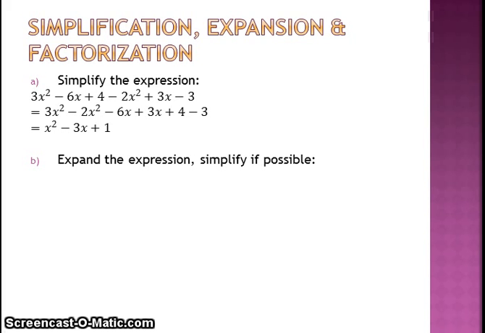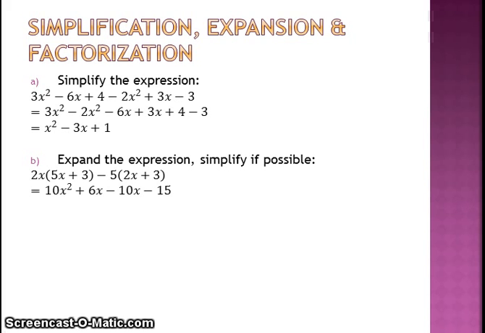You may also be required to expand expressions, and simplify if possible. For example, 2x times 5x plus 3, minus 5 times 2x plus 3, which equals 10x squared plus 6x, from the first bracket, 2x times 5x and 2x times 3, followed by minus 10x minus 15, which is minus 5 times 2x and minus 5 times 3.